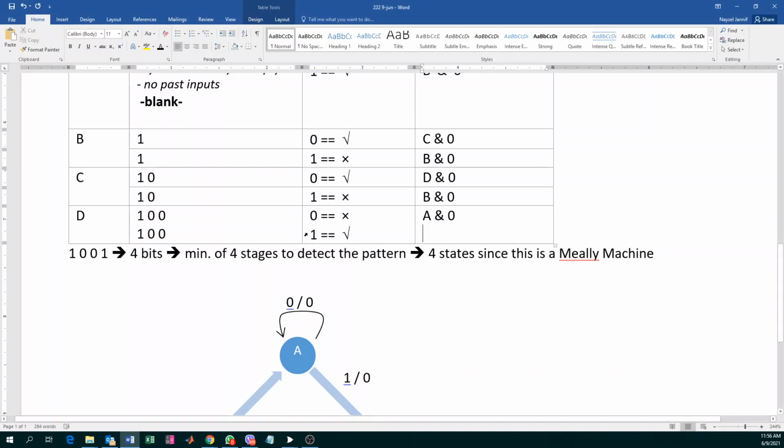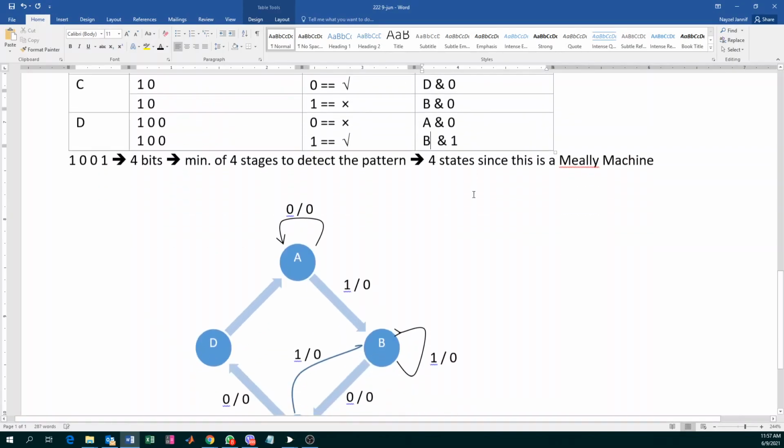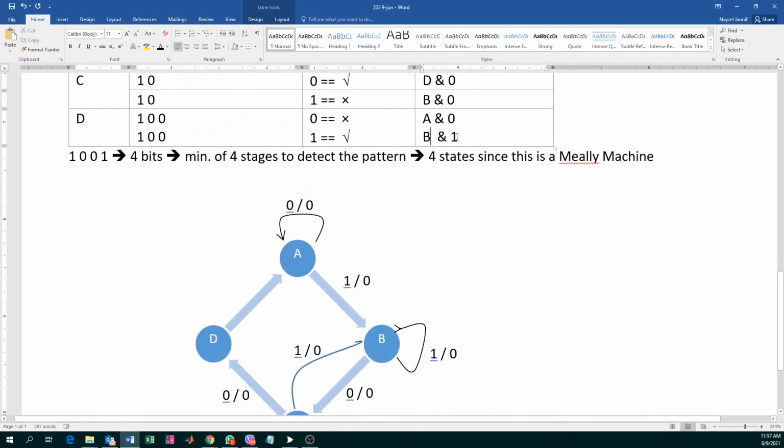And the only place where 1001 goes is it gives an output of 1. We know that. We finally have an output of 1. We already know that part. But what else does it give us? Well, it gives us this particular thing that you've got a 1. And where was 1 loaded before? Well, the only place that 1 was available before was B. So you go to B.